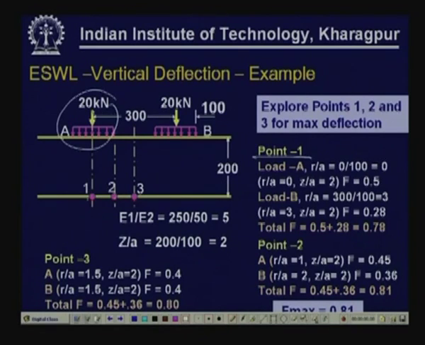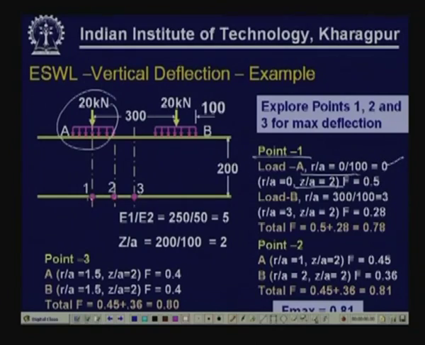for load A, radius is 0, so R by A is 0, Z by A is 2, that is 200 by 100, that is 2. So, the deflection factor corresponding to this load at this point can be obtained using the chart. We know R by A, Z by A. Similarly, the deflection that is produced at this location by load B can also be worked out by the corresponding radial distance and the depth for this point, and for this load the radial distance is 300 millimeter.